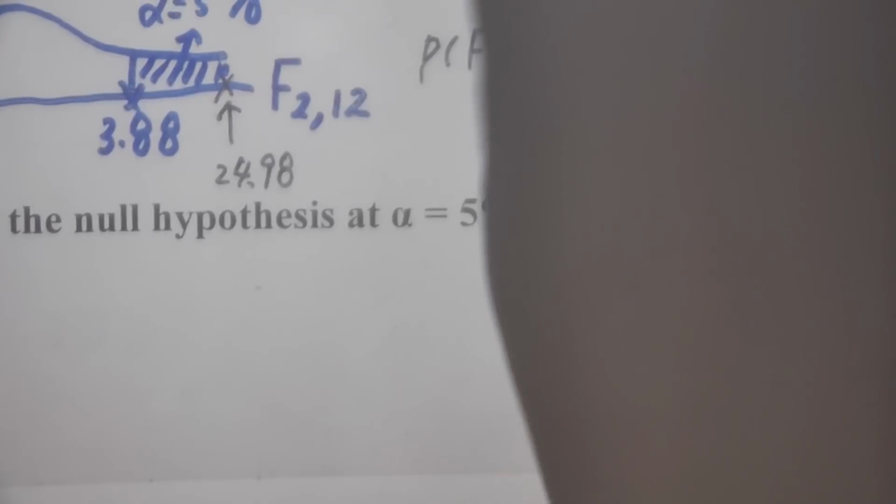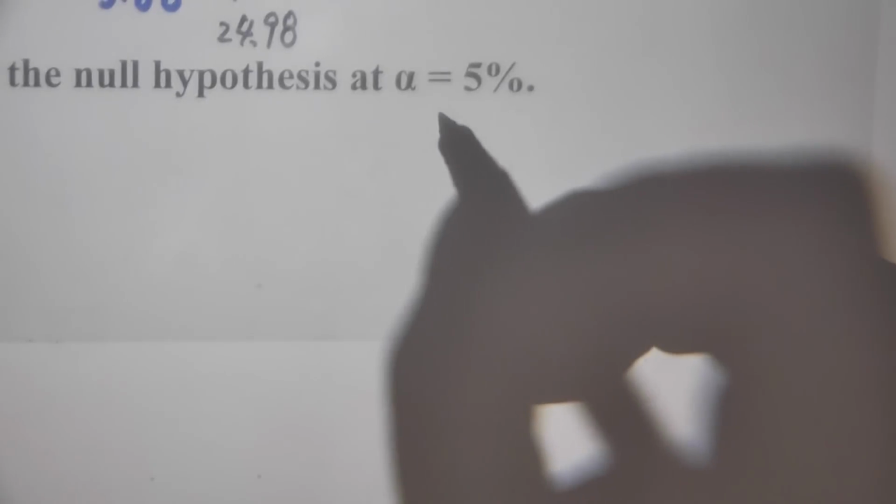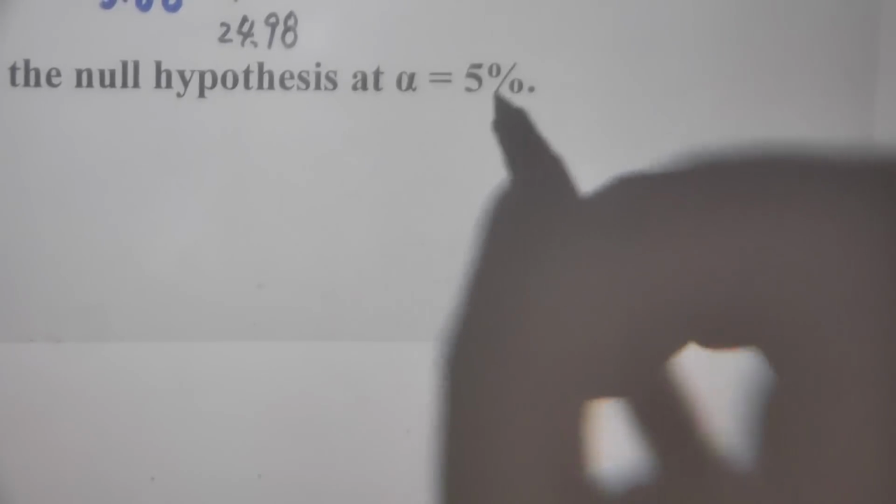So here we can say p-value is less than 5%. P-value less than alpha equal 5%. P-value is really small. Therefore, we reject H naught. Okay? So we reject H naught at alpha equal 5%.